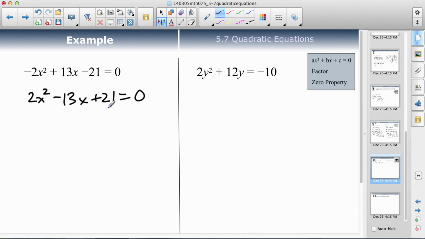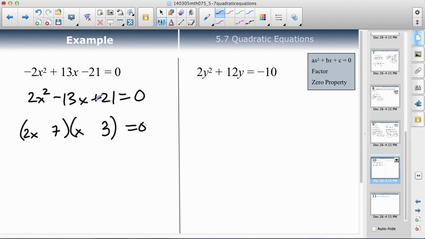Now I can factor. So I'm going to try maybe the guess and check method. See if that works. It's a 2x squared, so it has to be a 2x and an x. And then factors of 21. So I'm thinking 7 and 3. But 7 here, that's 14. No. How about a 3 there, and a 7 there.